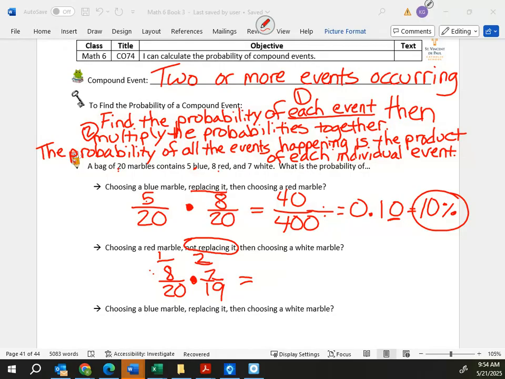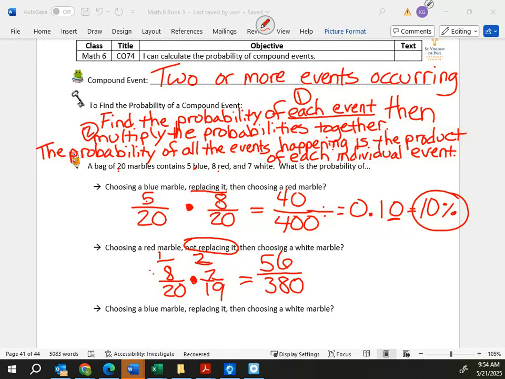Everybody should be doing the math. What fraction should I get if I have 8/20ths times 7/19ths? Jack? 56 over 380. 7 times 8 is 56, 20 times 19 is 380.